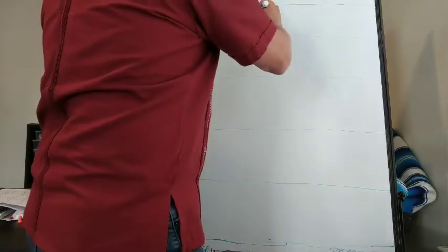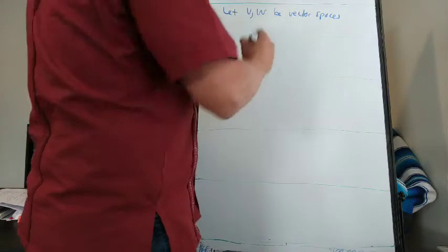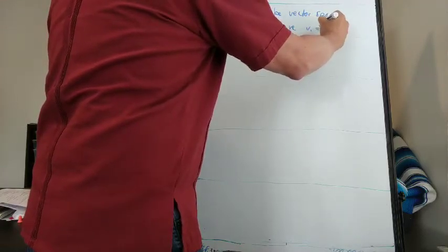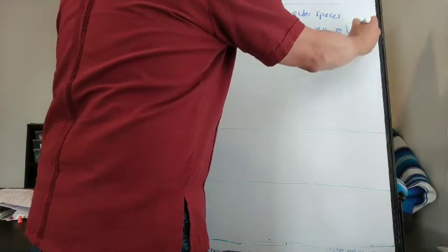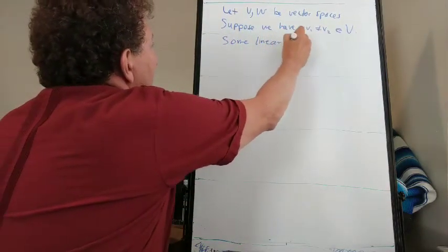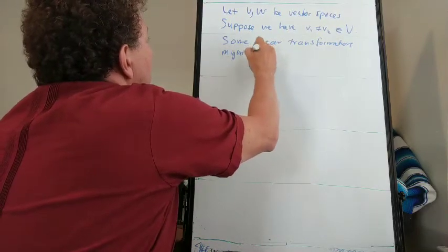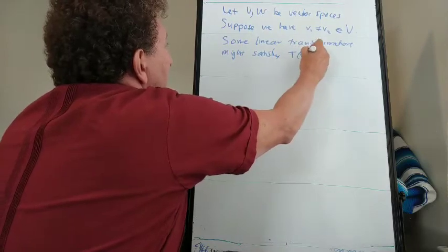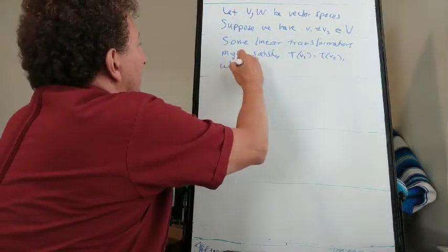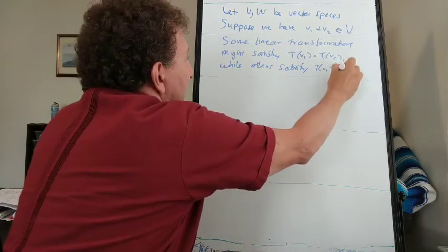So let's let V and W be vector spaces. And let's suppose we have elements V1 and V2 that are different in the vector space V. Some linear transformations might satisfy T of V1 equals T of V2, while others satisfy T of V1 is not equal to T of V2.